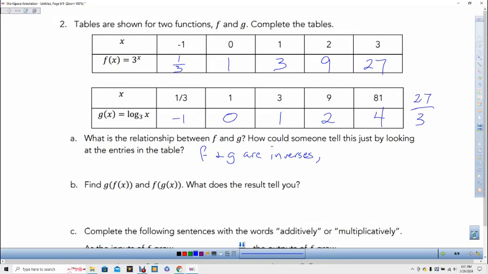And they're inverses because one function undoes what the other function did.